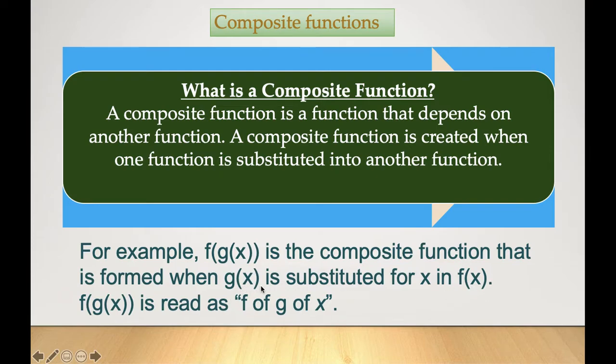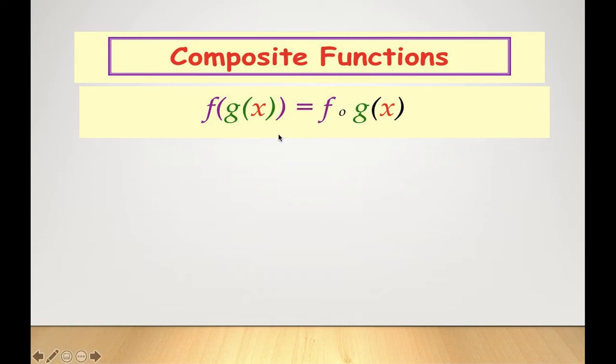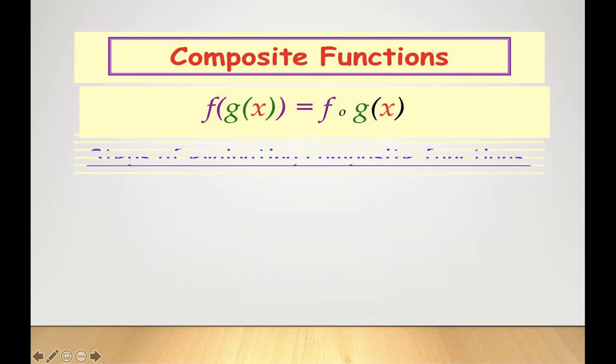Here, g of x is substituted for x in f of x. You can write it in other forms also, but this is the common format, f of g of x.